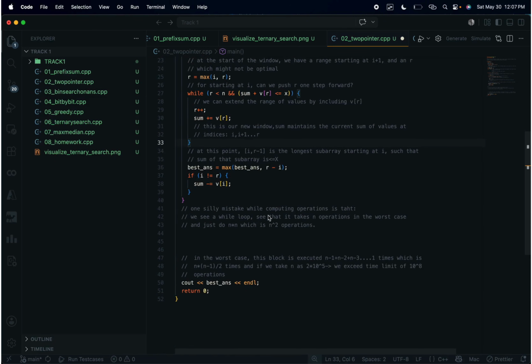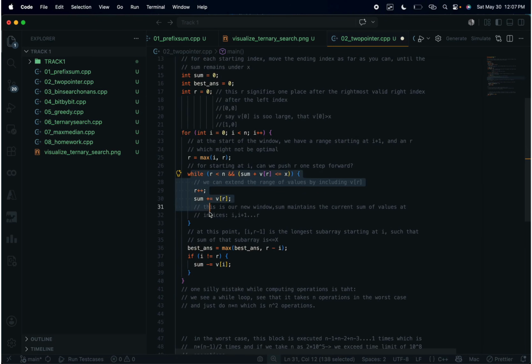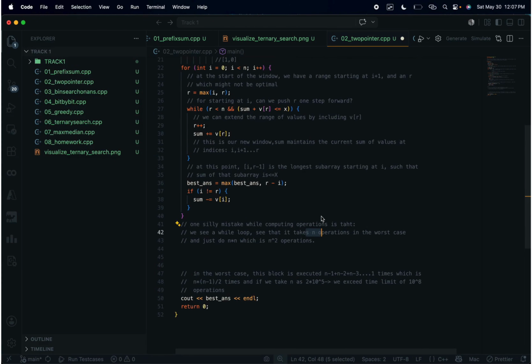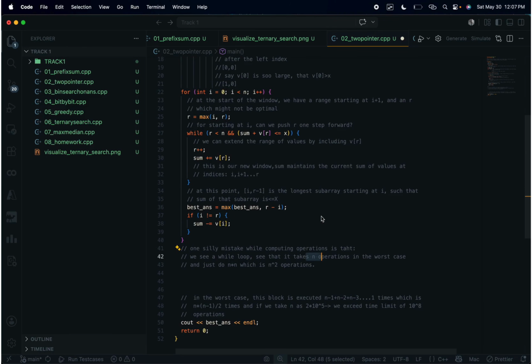So yes, it is true that in the worst case this while loop executes n times, but if the while loop executes n times, then in the upcoming iterations, this while loop would always evaluate to false and it will not use up any operations. So although the worst case is n operations for this while loop, we analyze time complexity of programs as a whole.